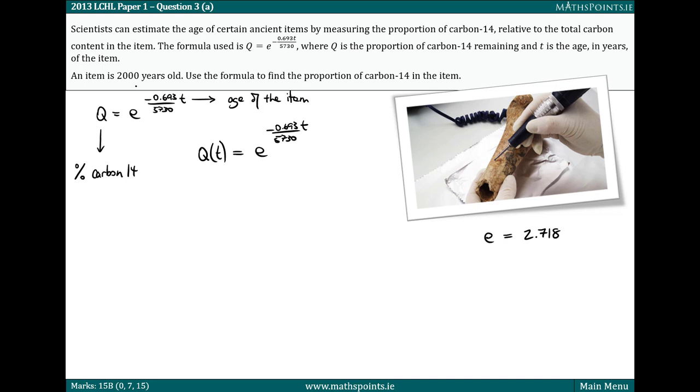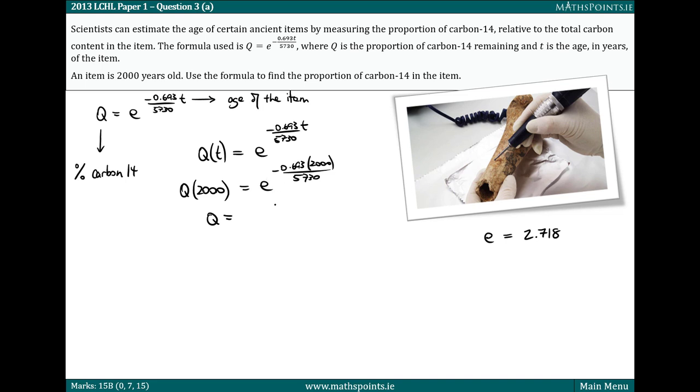Now, what we're trying to find is the proportion of carbon in an item that's 2,000 years old. So again, with my notation, I'd probably say the Q of 2000, so the proportion of carbon left after 2000 years is equal to e to the power of minus 0.693 bracket 2000 all over 5730. So we need to be careful with the calculator. Now, you might just see it written as Q equals that. It's the same thing.